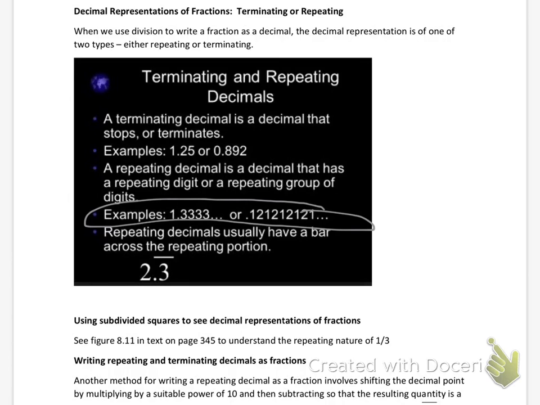Okay, writing repeating and terminating decimals as fractions. Another method for writing a repeating decimal as a fraction involves shifting the decimal point by multiplying by a single power of 10 and then subtracting so that the resulting quantity no longer has a repeating component. So we'll do that on the next page.